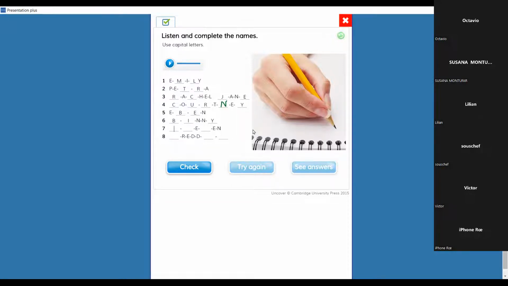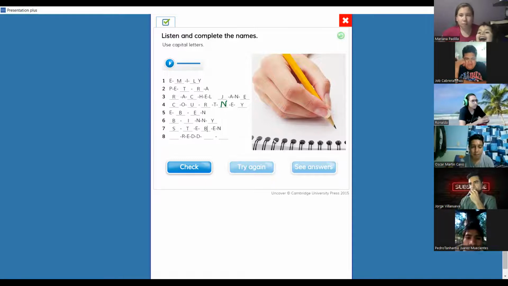Can you help us with number 7, please? Okay, it's S-T-E-B-E-N. Okay, and this B, is it B as in boy or is it a V as in very? V as in very, okay.